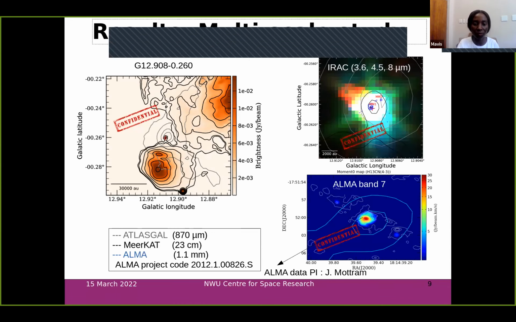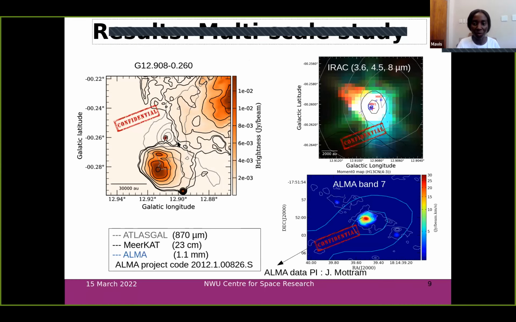This source is very faint, and we also compared the emission with the infrared. And then we tried to find high resolution data to also help us understand what is happening and also be able to make our analysis clear.